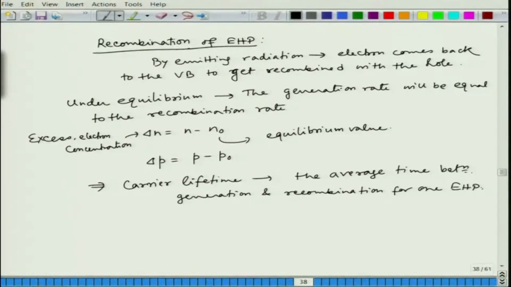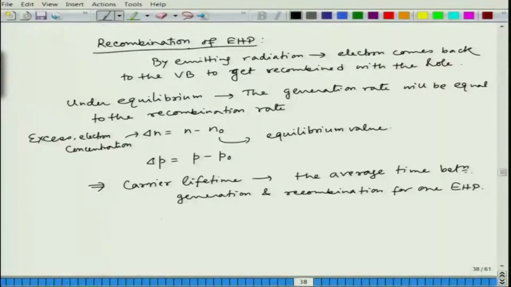Okay. So, it is getting generated by absorbing some energy, and then by releasing that energy it is getting recombined, and the average lifespan of that particular process is called the carrier lifetime.